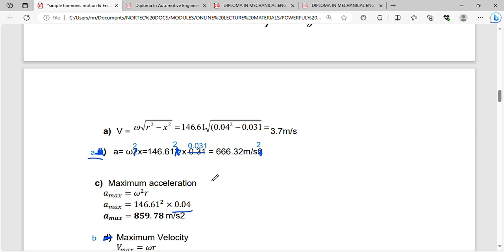So 146.61 squared, then multiply by 0.031. You can feel free to use that calculator.